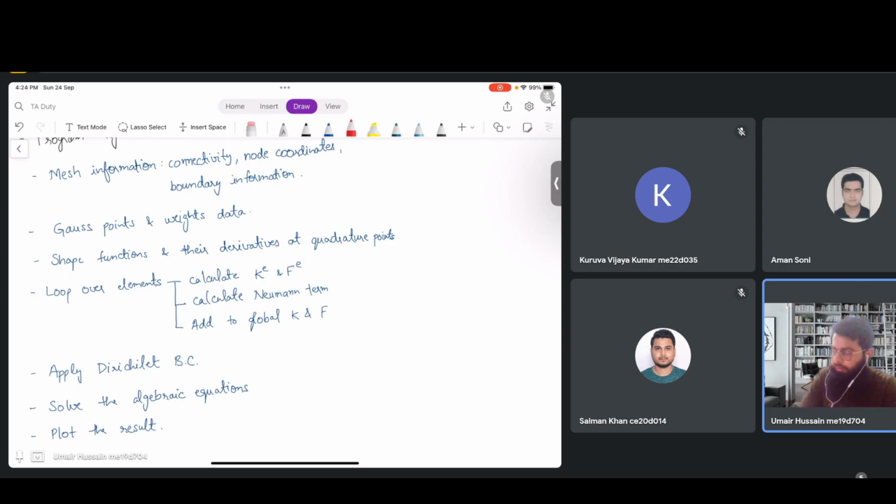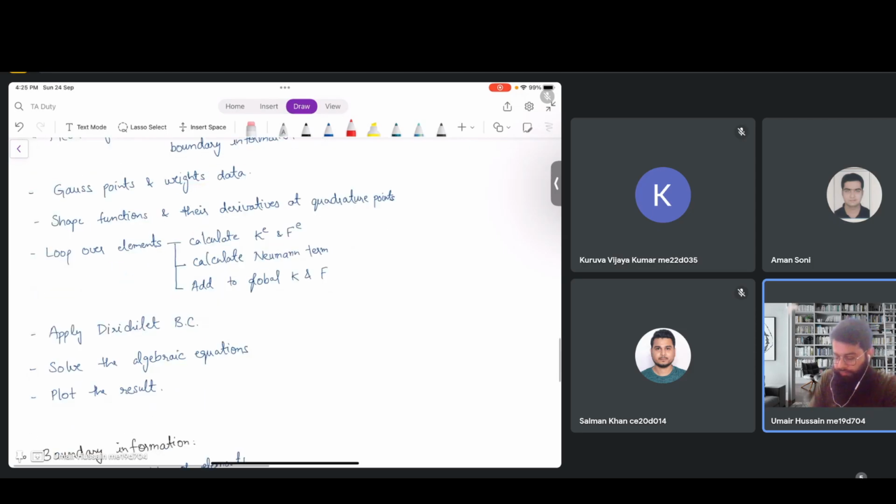Then the next task is to apply the Dirichlet boundary condition. This is the same way that we did it in one dimension. We identify the nodes at the boundary where the Dirichlet boundary condition has been applied, and we reduce the stiffness matrix and force vector, and we modify the force vector exactly as we did in 1D.